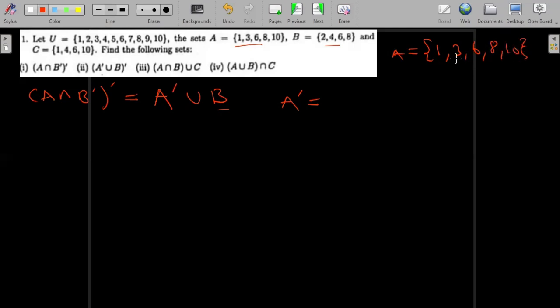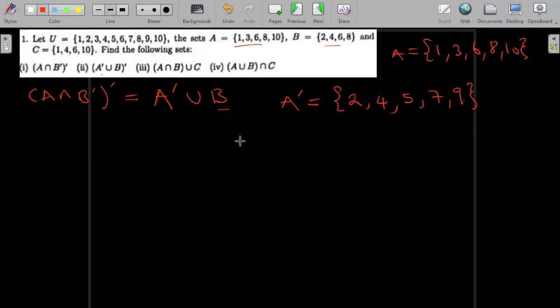These are the values that are in set A. So for A complement, all those that are not in set A but are in the universal set. If I check closely with my universal set, U, the first element which is not there is 2. Then 4 is not there. Then 5 is not there. And then I have 7 and 9 not being in set A.